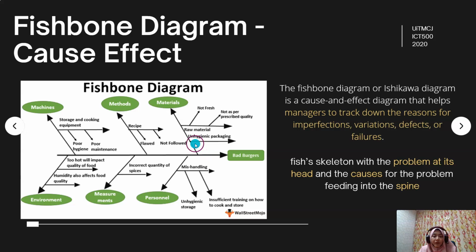We also have the materials: the burgers are not fresh, not the described quality of raw material, and hygienic packaging. From this diagram, class, if you are very detailed in identifying your problem and its causes, you can come up with some solution ideas from this diagram.